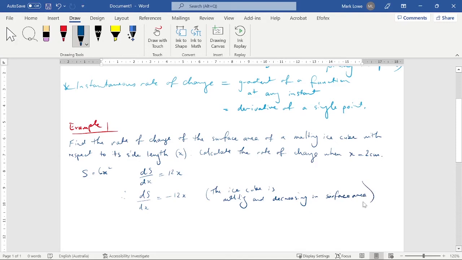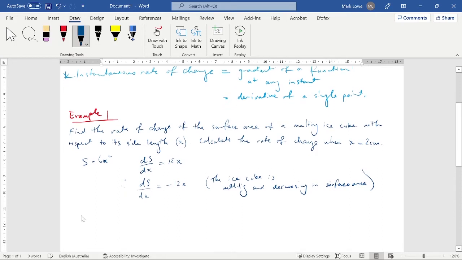That rule answers the first part. That is the rate of change as a rule. But the second part says calculate the rate of change when x equals 2 centimetres. So if x equals 2 centimetres, ds dx will be equal to negative 12 times 2, which is negative 24.